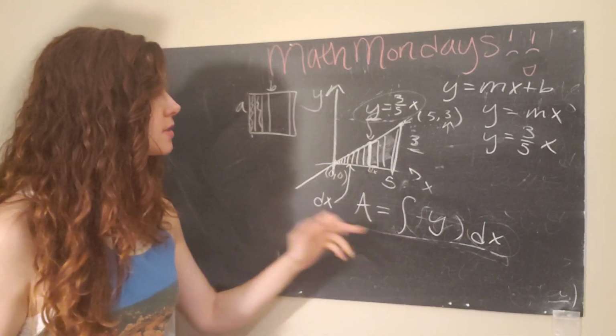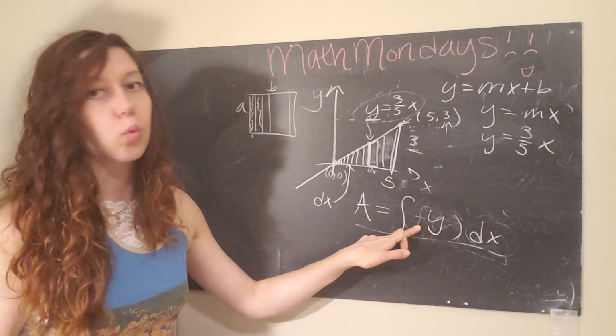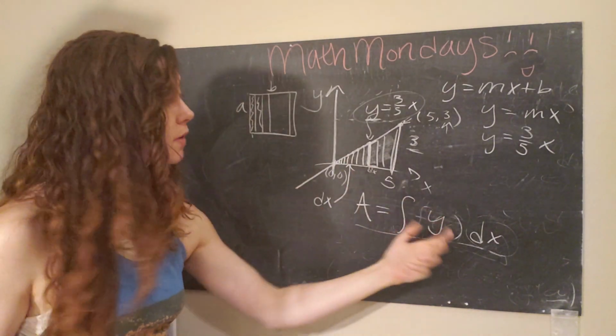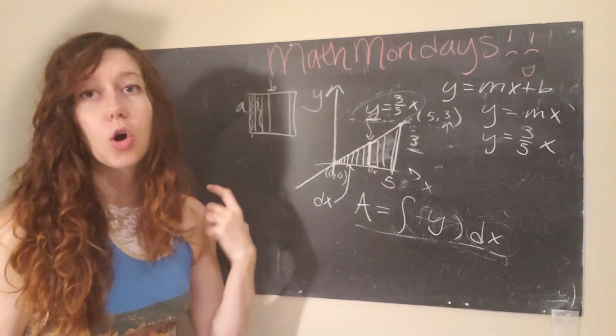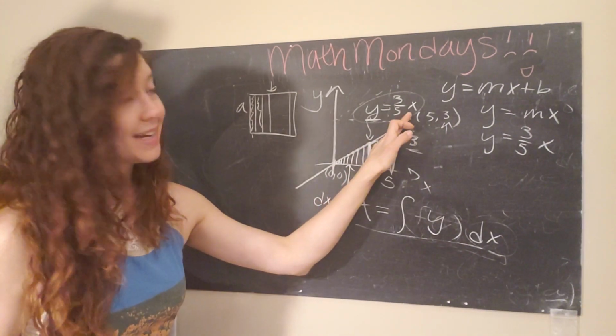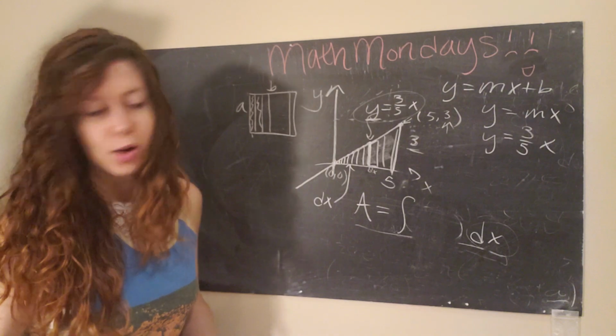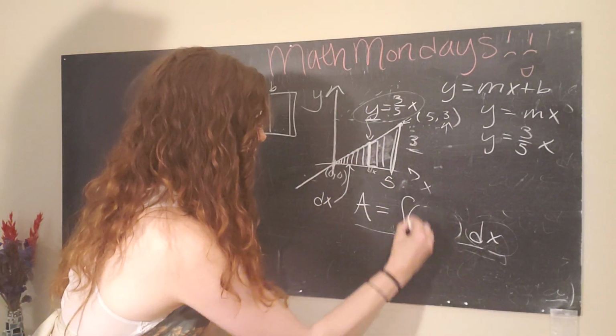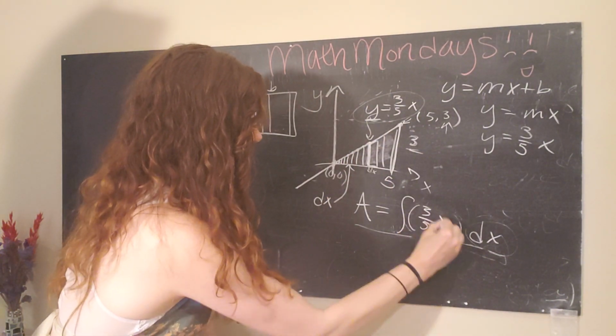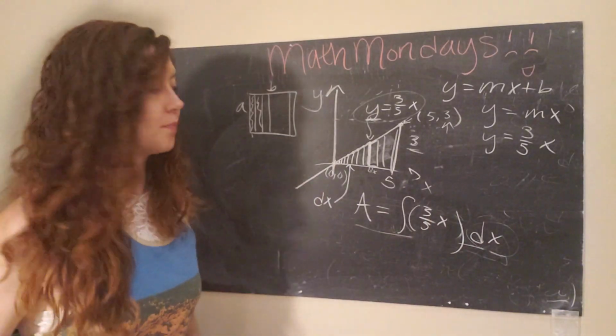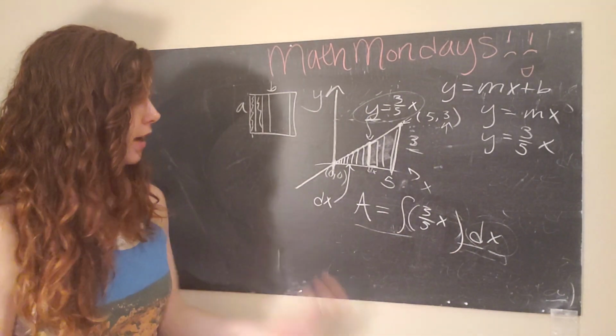In other words, we need to write our equation in terms of the variable that we are integrating over. So in this case, that would be x. But that is cool because we already did the hard work there. We know that y equals 3/5 x. Boom. So that is the equation for our area.